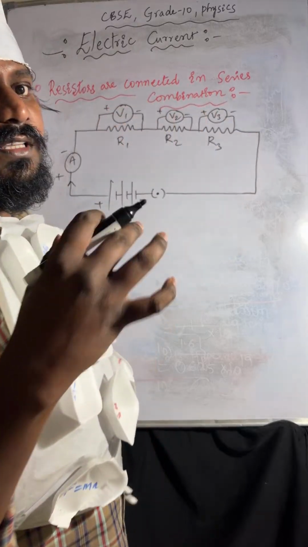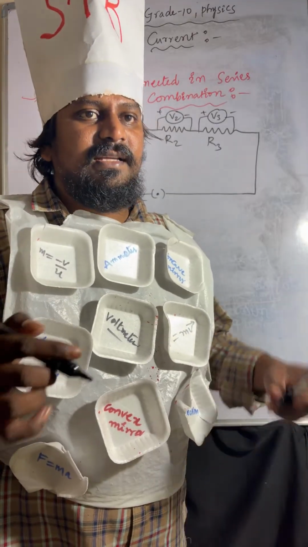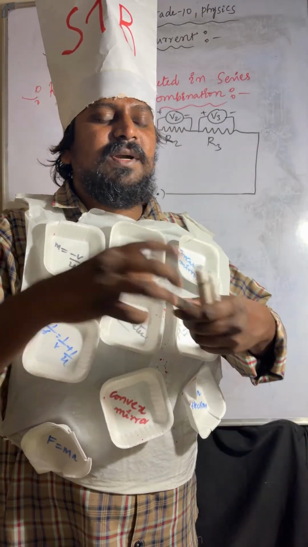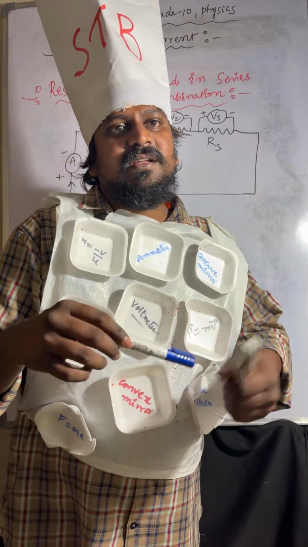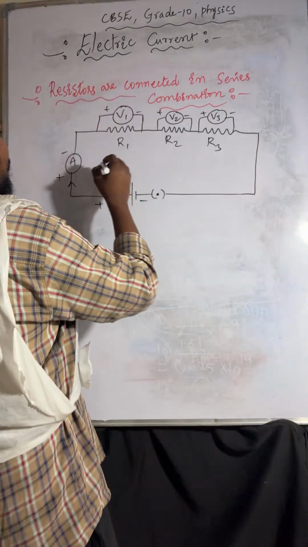Throughout the circuit the current is the same. Understood? But the potential difference is different.